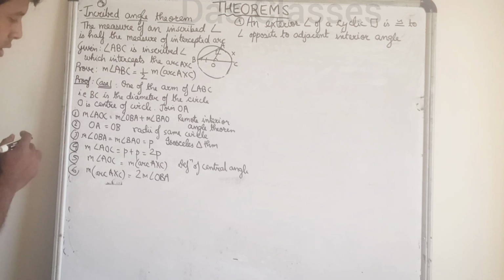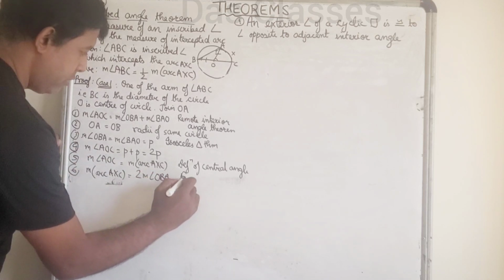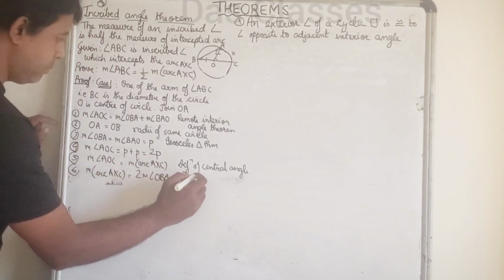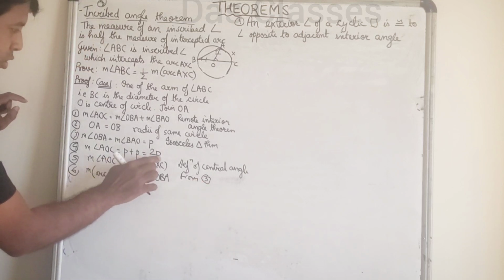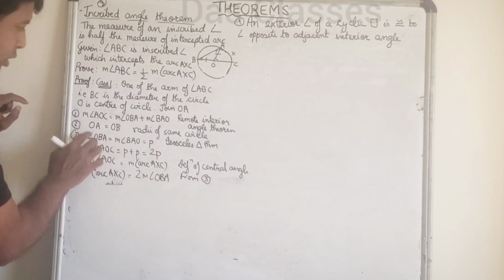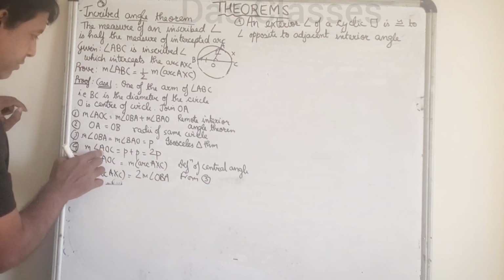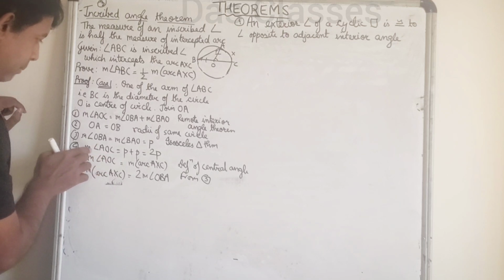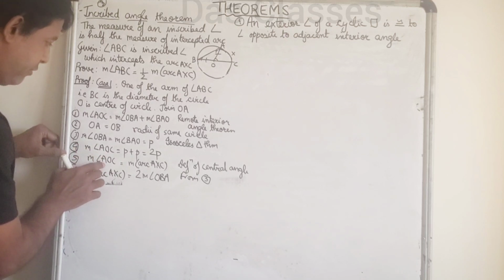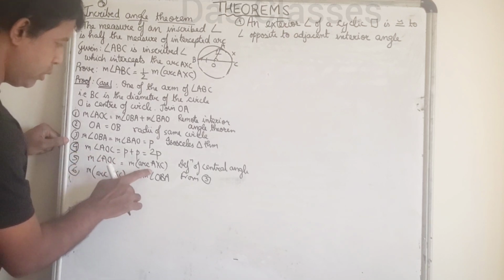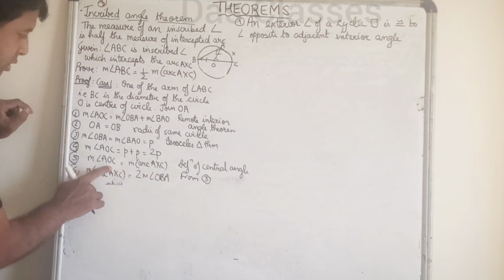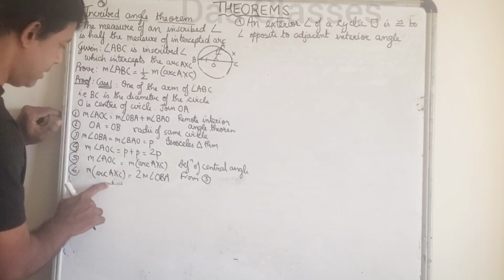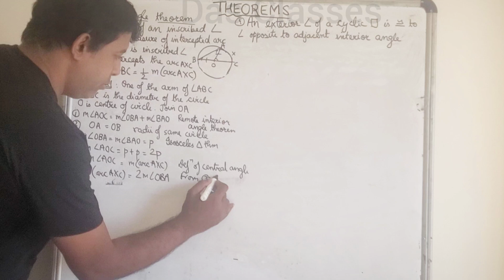From which steps is this? From statement number 3, instead of writing P, I am using OBA, and from statement number 4, I know measure angle AOC is equal to measure arc AXC, so instead of AOC I have written AXC. So from statements number 3, 4 and 5.